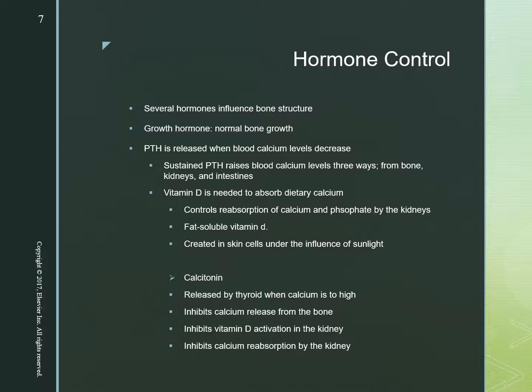Sustained PTH raises blood calcium levels three ways: from bones, kidneys, and intestines. Vitamin D is needed to absorb dietary calcium. It controls reabsorption of calcium and phosphate by the kidneys. It's fat soluble, and it is created in the skin cells under the influence of sunlight.